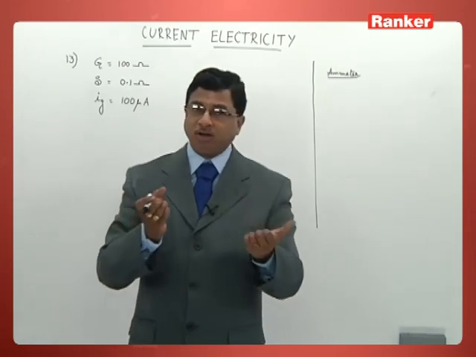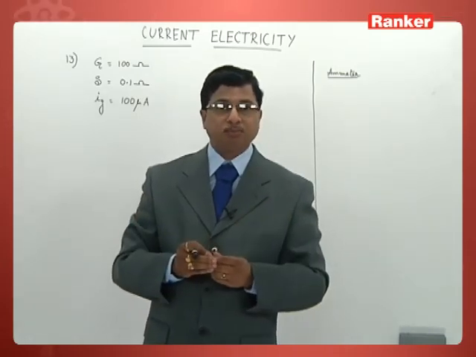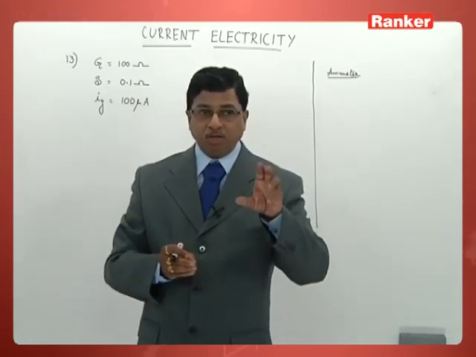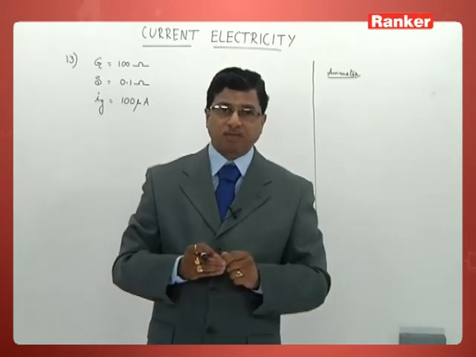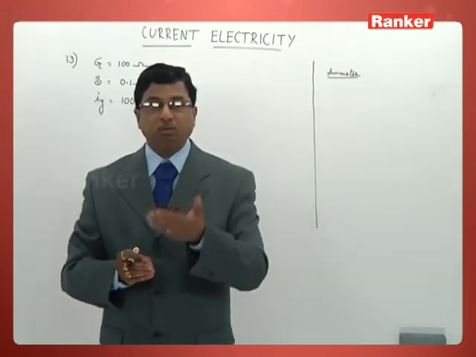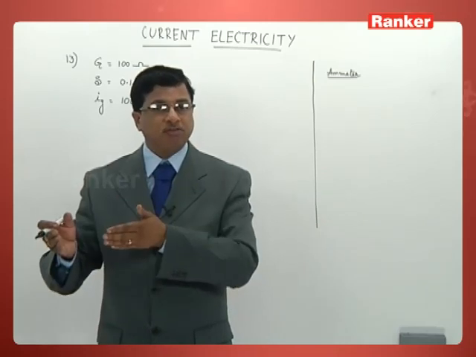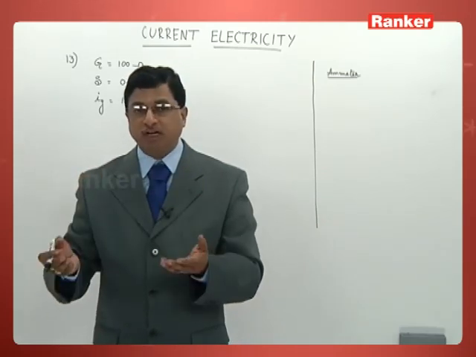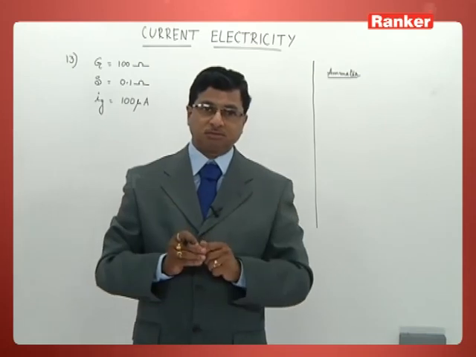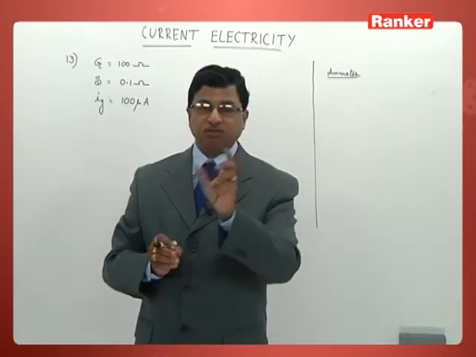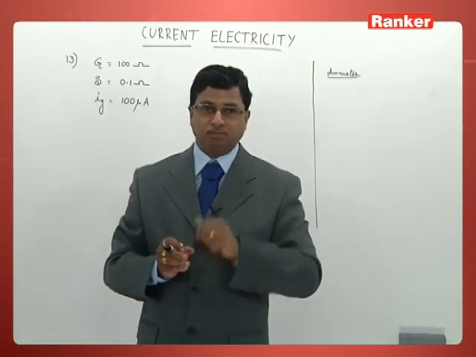Once again, you should understand the difference between these two. An ammeter measures current, whereas a voltmeter measures potential difference between any 2 points in any circuit. So that is the general difference between these two.